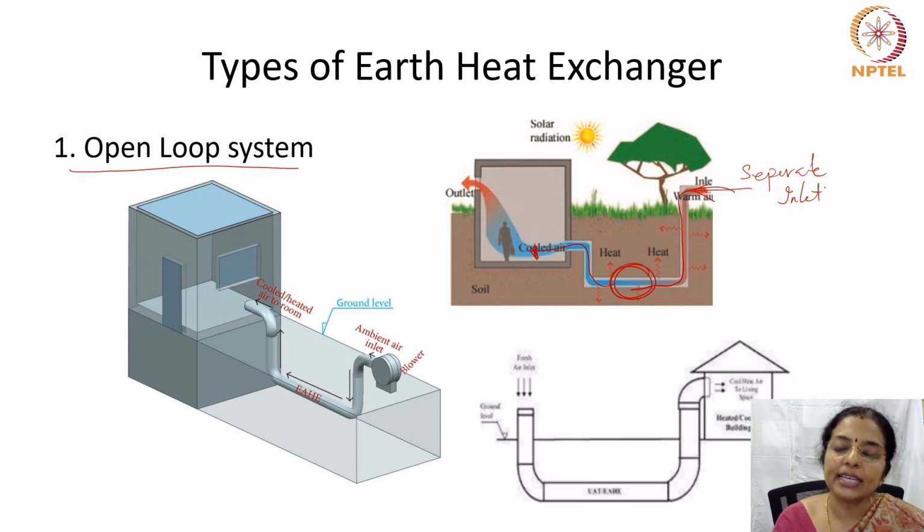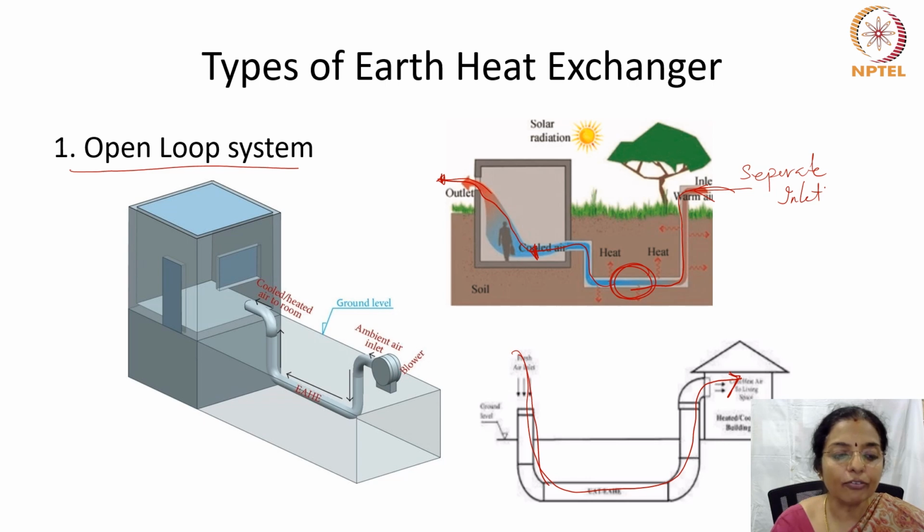And what it does in that process, either it makes the room cooler during summer or makes the room warmer during winter. And this air escapes based on the temperature. So in an open loop system, you have a loop which is open and does not get closed.